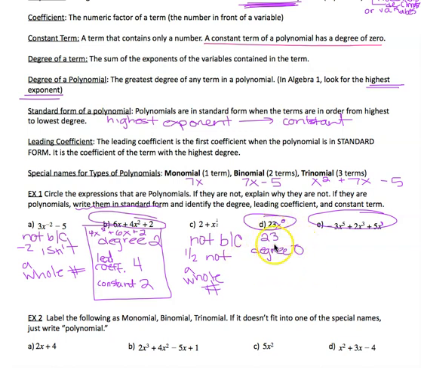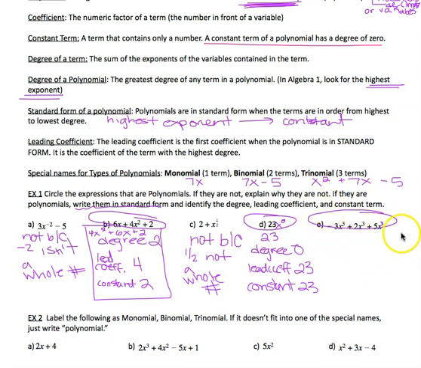So degree 0 for all constants. The leading coefficient is the only coefficient, which is 23. And the constant is also 23. So when we only have a constant, of our 4 answers that we give, 3 of the 4 happen to be 23.